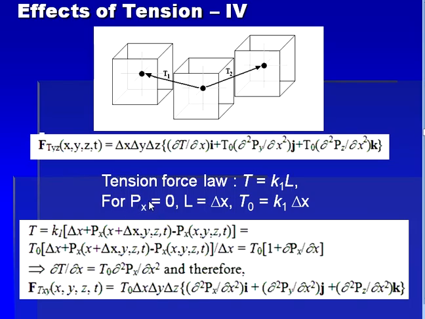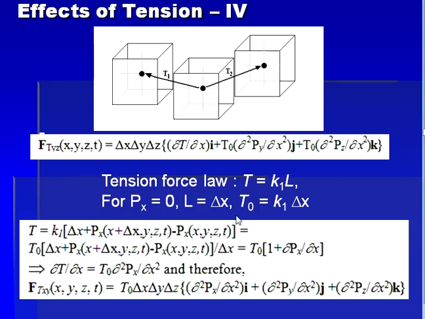And if it hasn't moved at all, then P is everywhere 0. In that case, the length of this cube is its original length, which is delta x. That then gives us the ability to evaluate the condition of the tension that normally exists in the ether without any disturbances as being K1 times delta x.